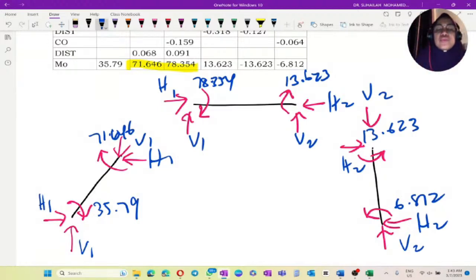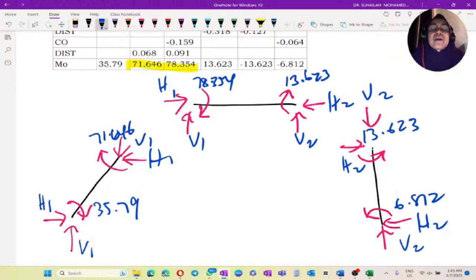Okay, so we have this free body diagram which we get when we draw the members separately, and each element has internal forces to keep the member in equilibrium. This is how we translate the member end moment that we get from the table.